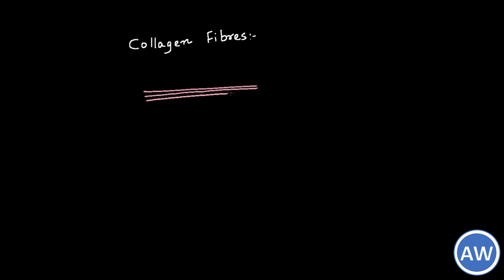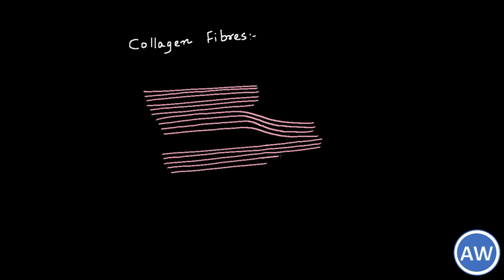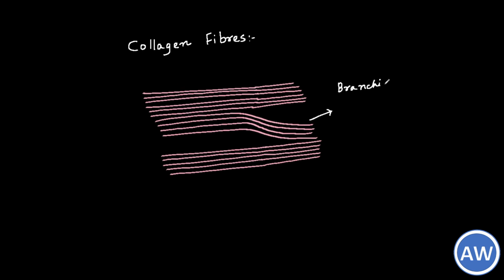When we see collagen fibers under a light microscope, they can be seen to be in bundles. The bundles often branch or anastomose with adjacent bundles, but the individual fibers do not branch.